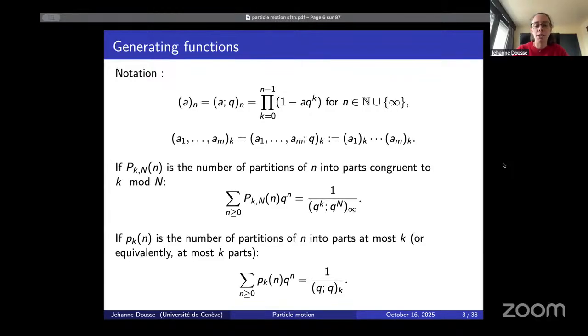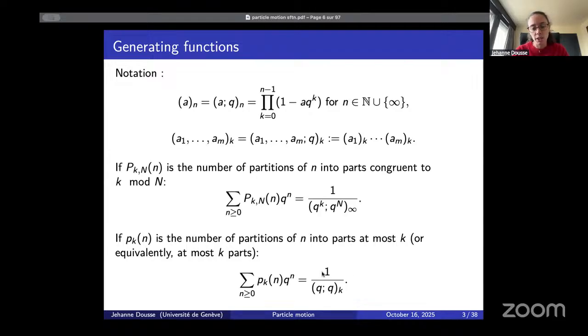And an important fact is that if you consider partitions which satisfy some congruence conditions, then you have infinite products as generating functions. So if you take partitions into parts congruent to some integer k modulo n, then you can write their generating function as 1 over (q^k, q^n - k; q^n) infinity.